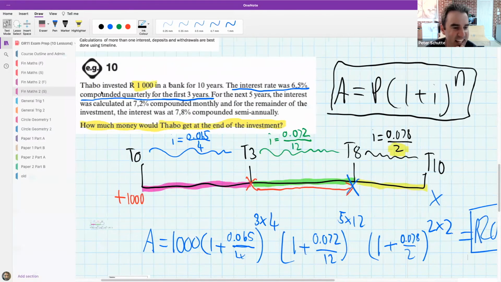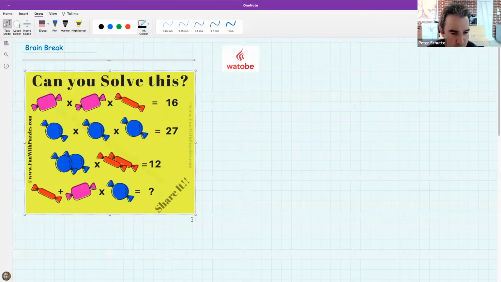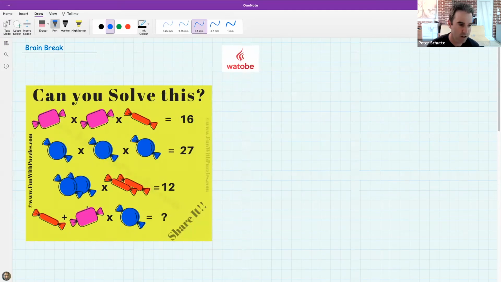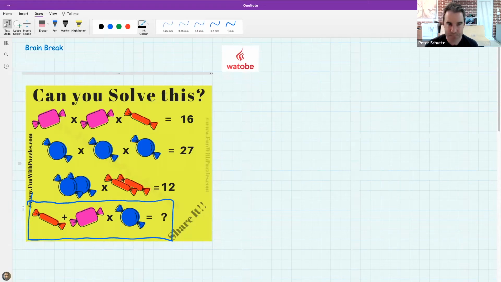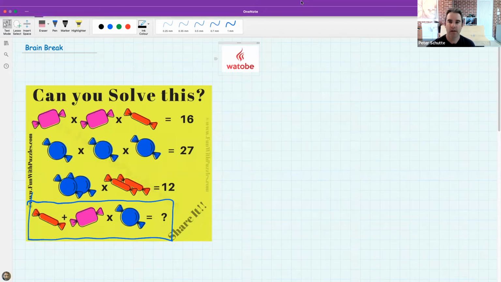Okay, let's do a quick brain break, old school brain break. I want to know, what is a red sweet plus a pink sweet times a blue sweet? What can you work out there?